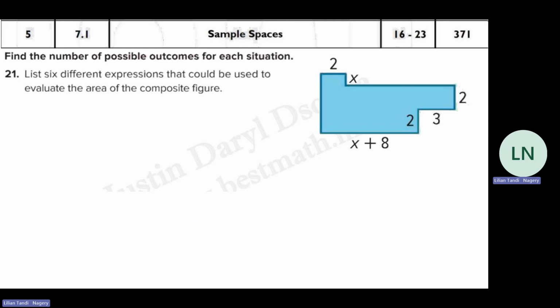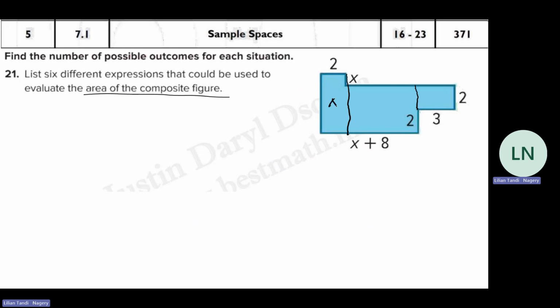List 6 different expressions. This is a very good question. List 6 different expressions that could be used to evaluate the area of this composite figure. Okay, so it's saying I need 6 different ways of finding the area of this. So one way I can do is divide it like this.